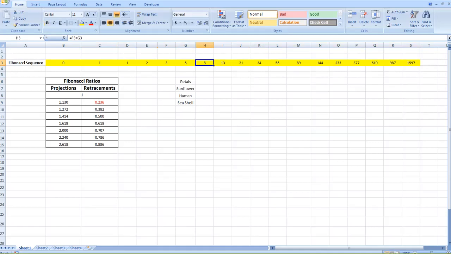Now, with this Fibonacci sequence, you can derive some ratios. These ratios are very important, and how to derive these ratios, we will explain that also.